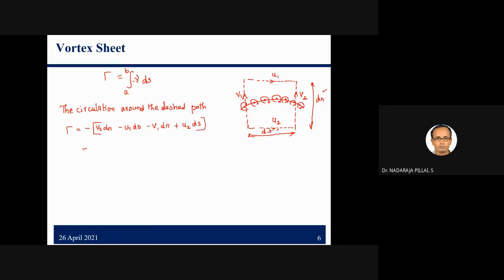So this can be written as u1 minus u2 into ds plus v1 minus v2 into dn.